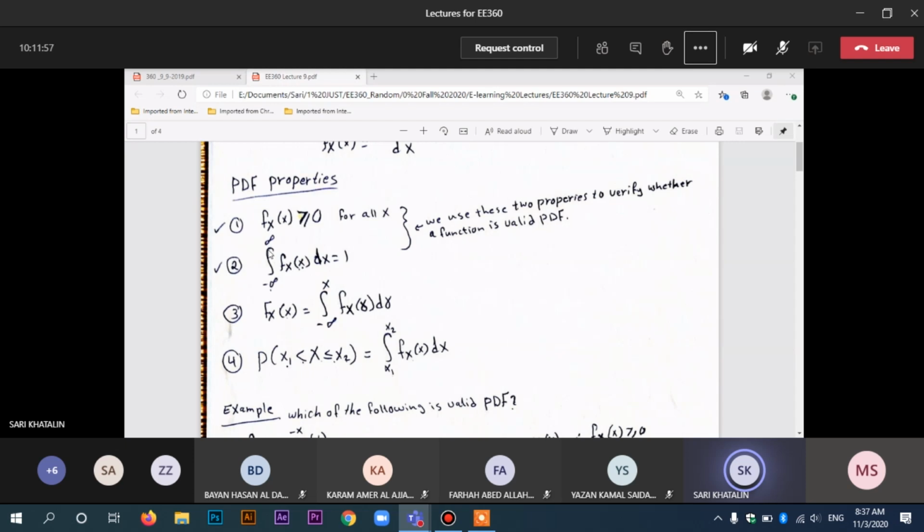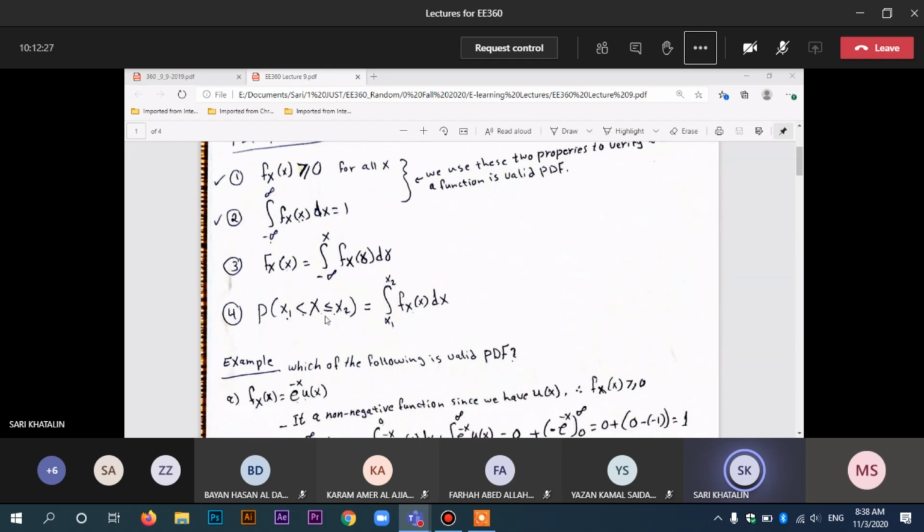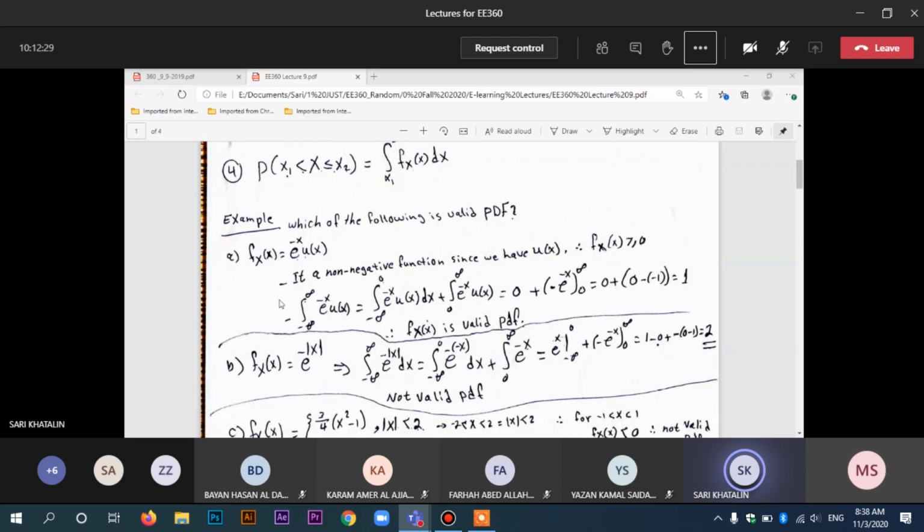We had a couple of examples and chose about 3 properties: F_X at minus infinity, F_X at infinity, and F_X must be continuous. In the case of the PDF, we want to show that it is larger than or equal to 0 and that the area under the PDF is 1. If this is the case, then the function is a valid PDF. So let's take an example on that.